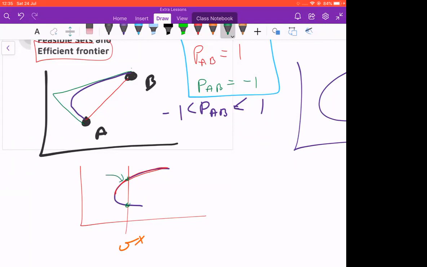People who are very risk averse will choose this one over here. I have to use a black pen. There. This one is sometimes called the minimum variance.